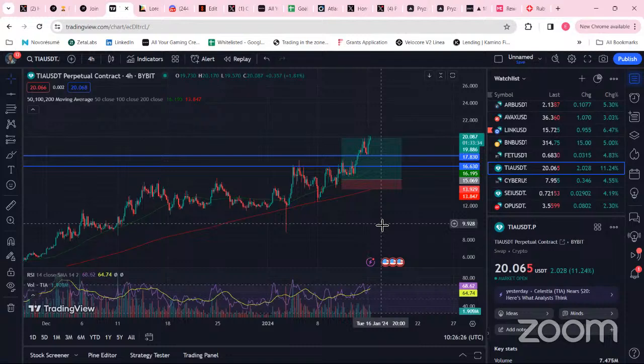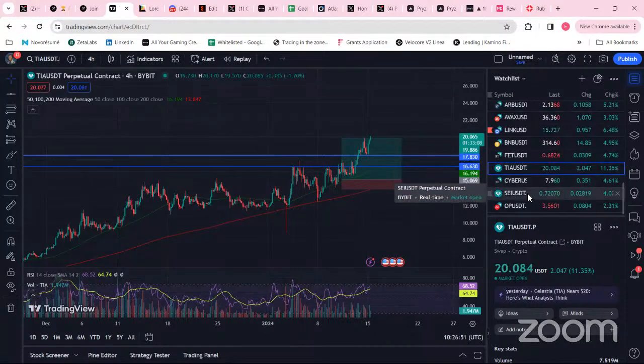If you haven't gotten TIA, I would advise you to buy some, even if it's maybe just $100 worth, which should be around 5 TIA. Just buy it, send it to your Leap wallet or your Keplr wallet, and you hold it there and stake it with some validators. Yeah, so that's one thing.